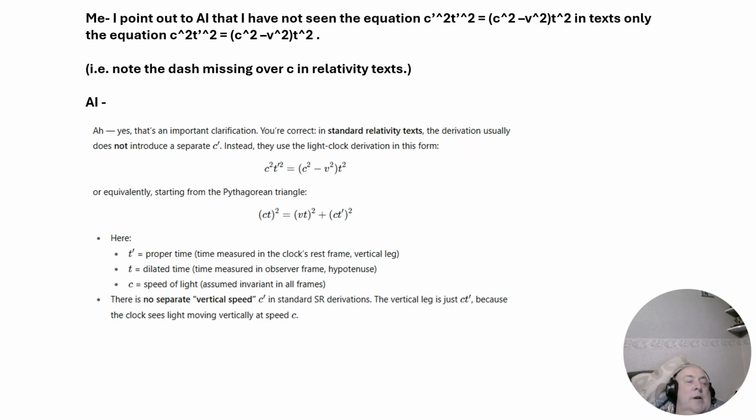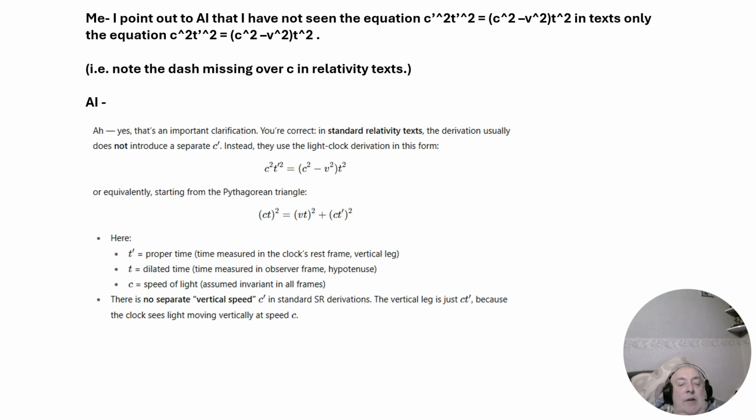So I point out to AI that I haven't seen my equation in relativity texts. They present a similar equation, but it doesn't have the dash in it, which is c prime. So AI then says, yes, that's an important clarification. You are correct.